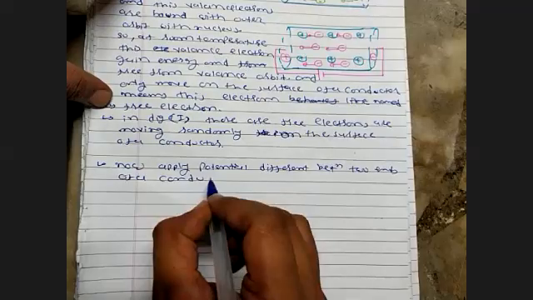Two ends of a conductor means apply the battery. Apply the battery to the two ends of the conductor. You apply the battery this way. So what happened?